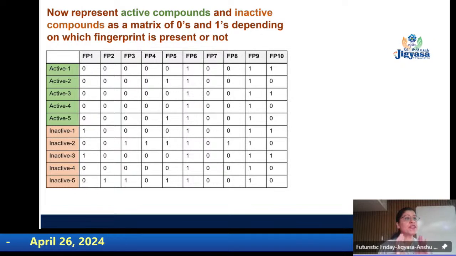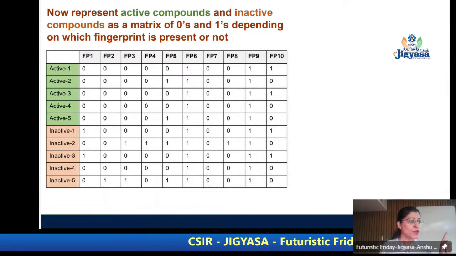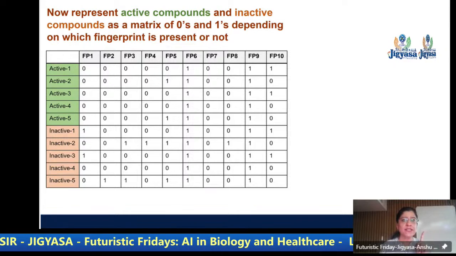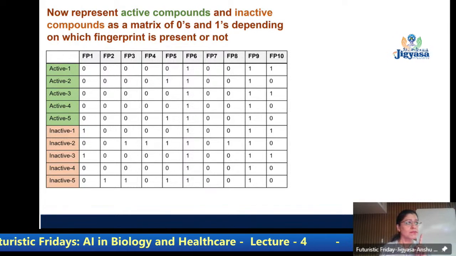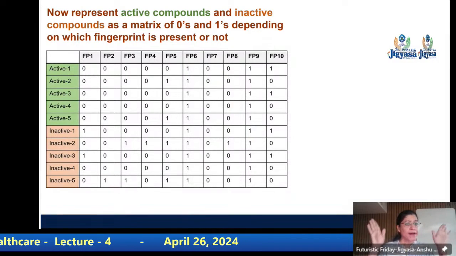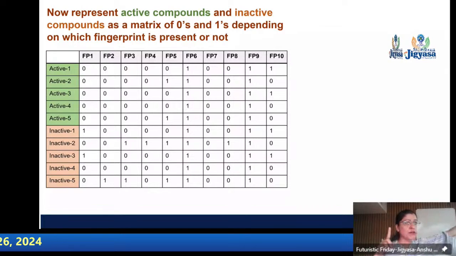So what you do, you generate something like this. All your fingerprints, I'm showing only 1 to 10 here, but we looked at 880. So all of you have worked with Excel sheets? So now imagine opening an Excel sheet with all the column headings saying fingerprint 1 to fingerprint 880.